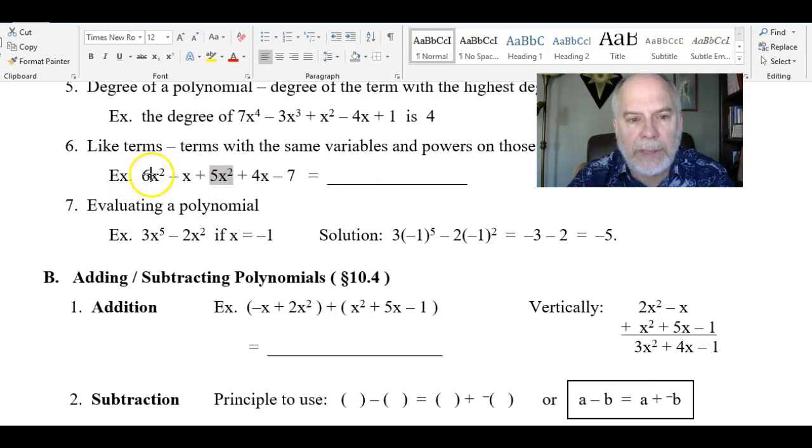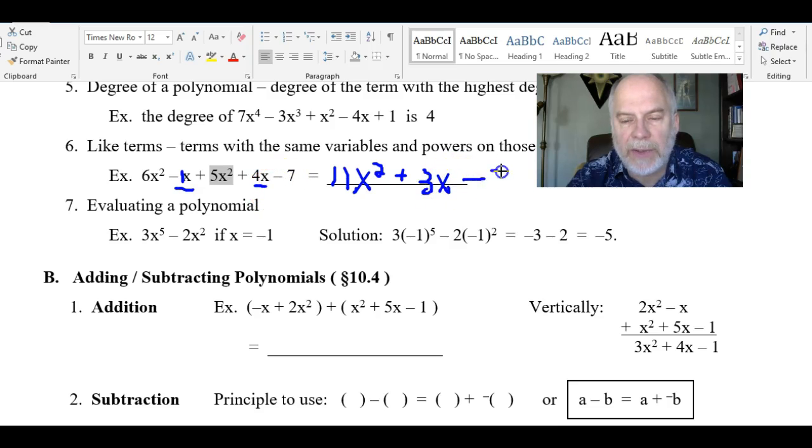And so we could add those together, and that would be 11x squared. Excuse my handwriting again. And then we also have negative 1x, you put a 1 in front of that there, and 4x, which adds up to 3x. Oops. All right. And then we have the minus 7, which doesn't have anything we can add to it. But that's the answer when you combine like terms.